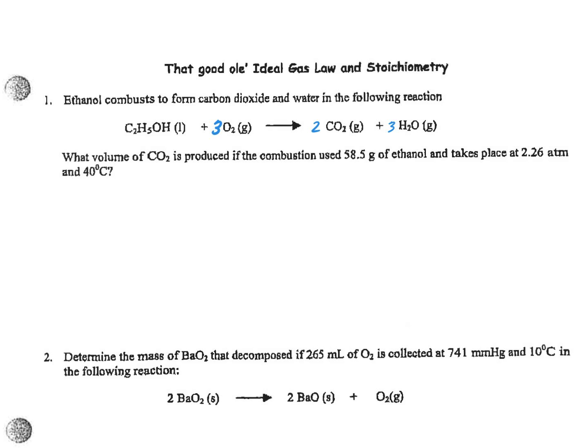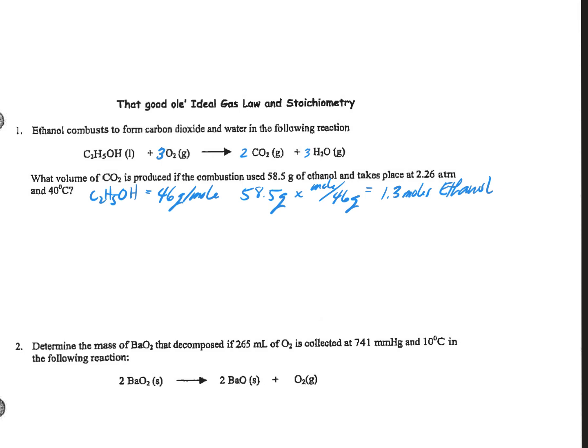All right, obviously, in order to do stoichiometry, we need to be dealing with moles, so let's convert grams to moles. Okay, so the molar mass for ethanol is 46 grams per mole. We're given 58.5 grams. That's going to be 1.3 moles of ethanol.